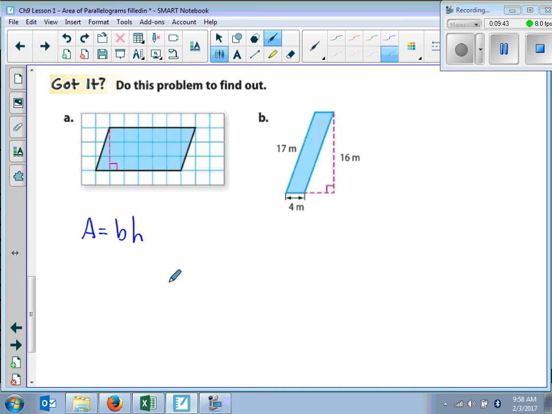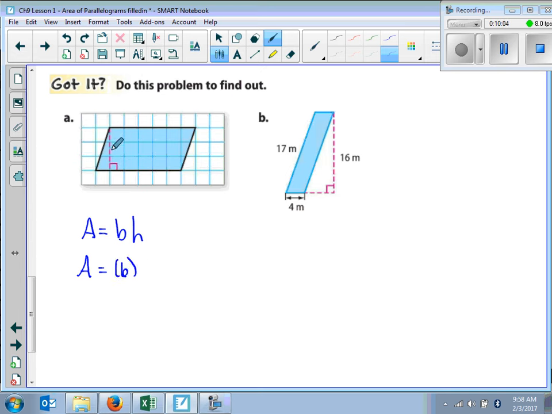The second thing is substitute in for the variables, right? So area is equal to the base. So now we count the boxes. So 1, 2, 3, 4, 5, 6. So that's going to be 6.